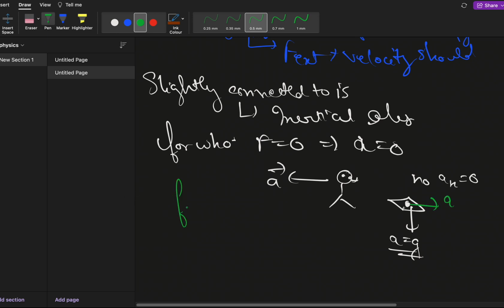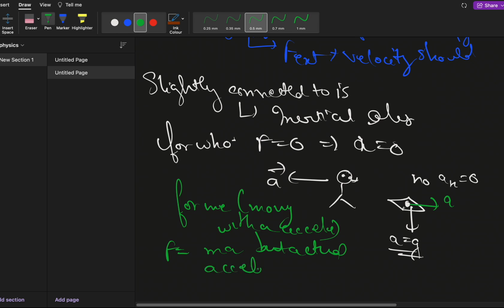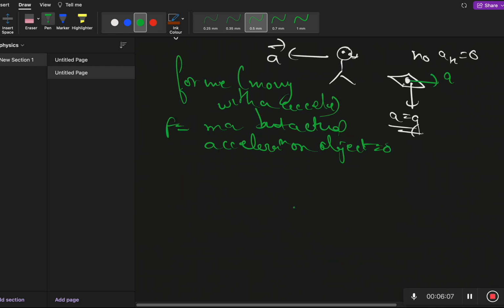For me it is moving with acceleration, F equals ma, but the actual acceleration on the object is equal to 0. So if this is me, I am not an inertial observer.